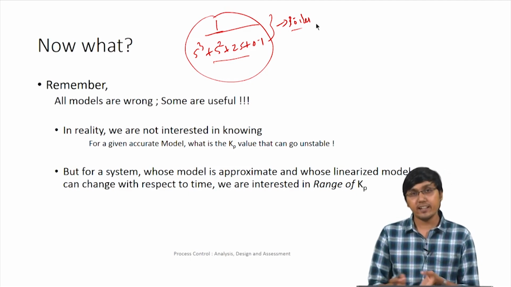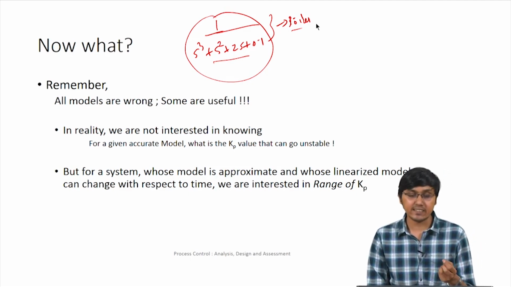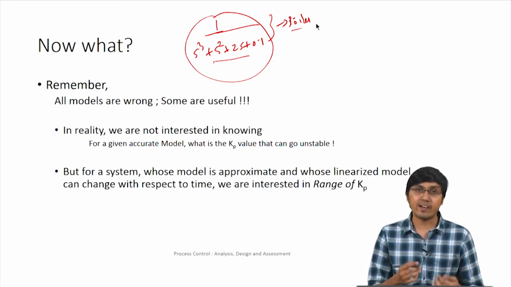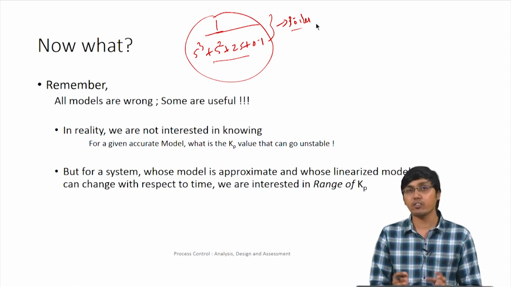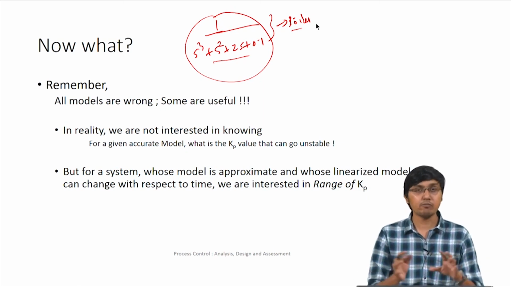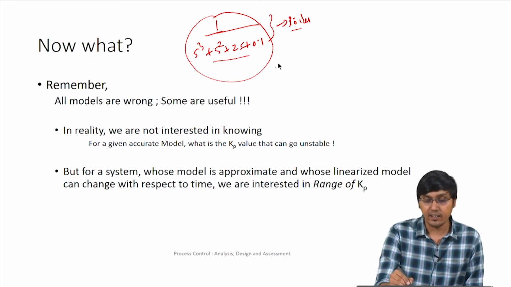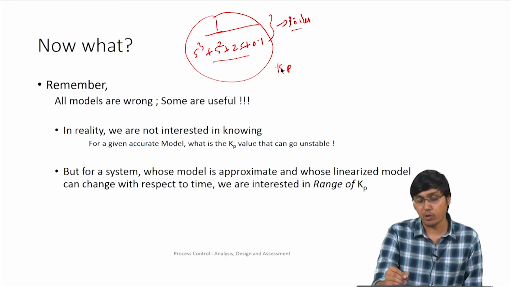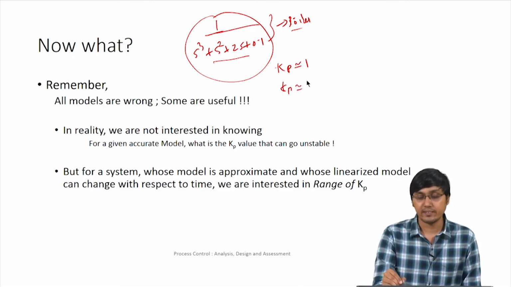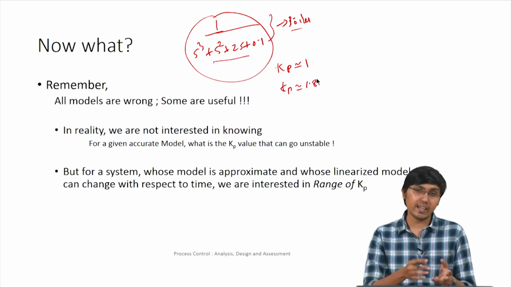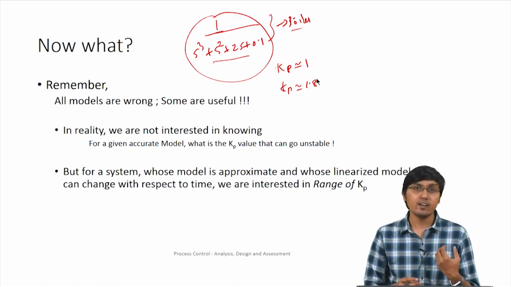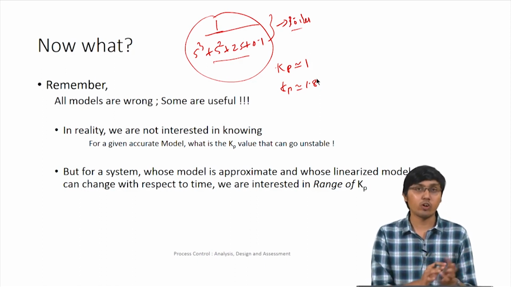So in real life we are not interested in finding the exact value of Kp where it goes unstable, but we are trying to find out what range of Kp it is going to be stable. If Kp is approximately 1, then we say it is stable. If Kp is closer to, say, 1.8, then we say it may go unstable. This is a qualitative comparison that we are interested in, not such a hard quantitative comparison.